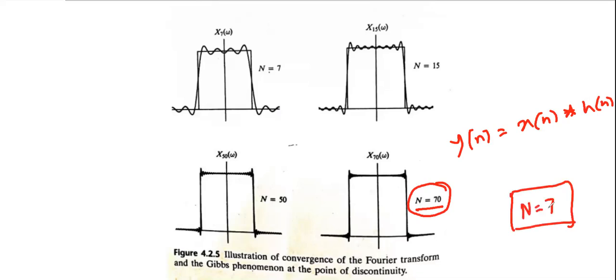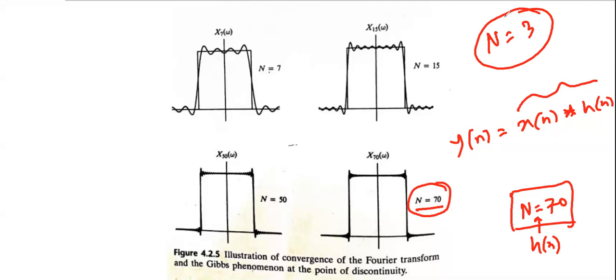So where n is equal to 70, it means that your h[n] needs 70 samples. Then you can understand how much mathematical calculation you need to do, how many multiplications and additions. If you choose n equal to 3 only, it will give you a lot of advantage in computational time consumption.